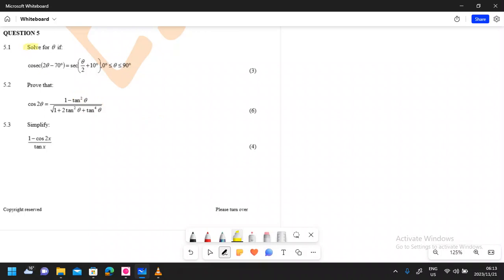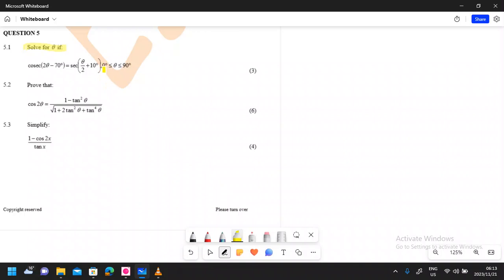So question 5.1 is, you can see here, they want you to solve for theta if you are given the following expression here. We have cosec open bracket 2 theta minus 70 close bracket is equal to sec open bracket theta over 2 plus 10 degrees close bracket.